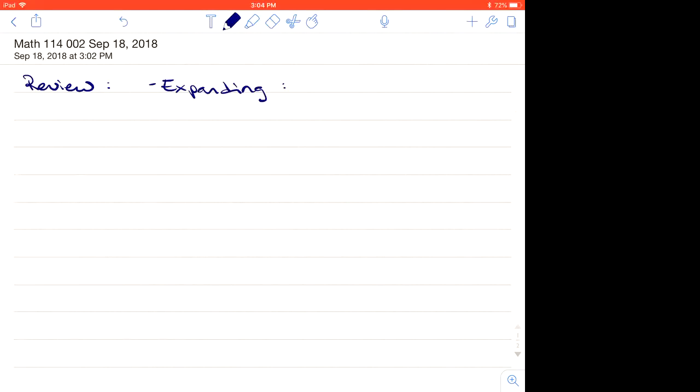So I'm going to call it a breakout, in air quotes, of the brackets. If we have something multiplying something inside the brackets, we just bring it in and multiply all the terms inside the brackets, and then we've expanded.